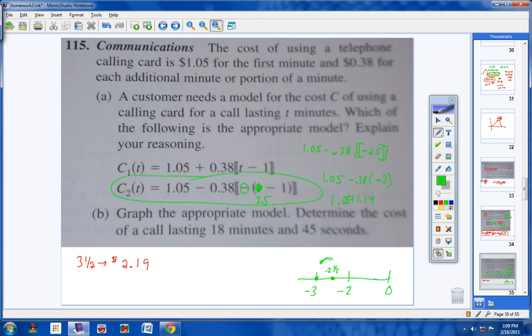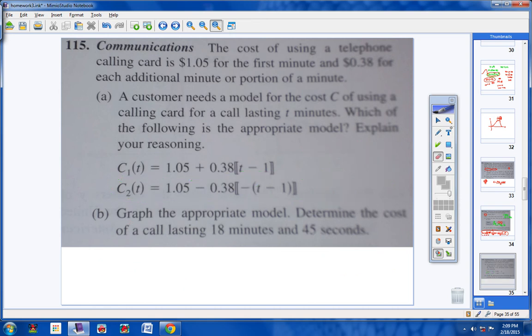Now students, I guess real quick here, we can determine the call. The reason I really don't want to do this is on a test or a quiz. If I asked you guys to find the cost for 18 minutes and 45 seconds, I don't think there's one student, excuse me, in the room who's going to use this model right here.